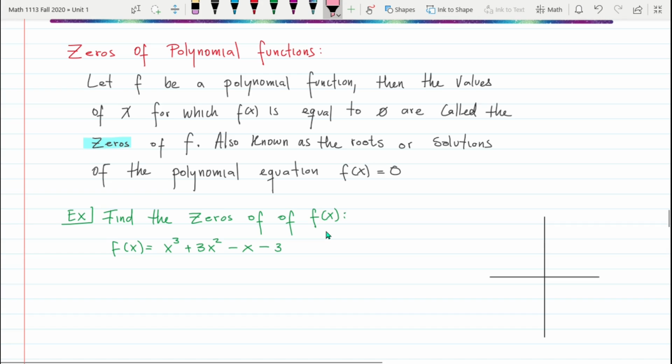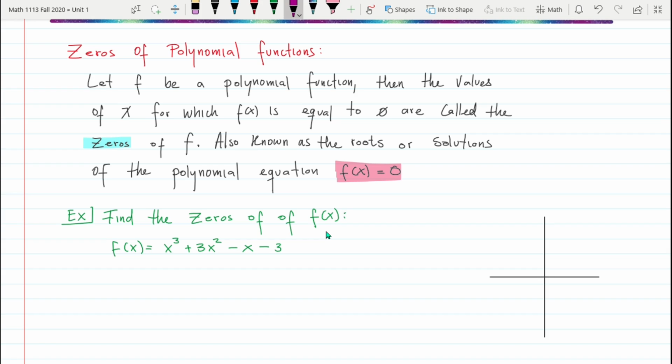So, whatever values of x make this true, those are the zeros of the polynomial. So here, it's mostly just about algebra. Can you solve an equation, right?